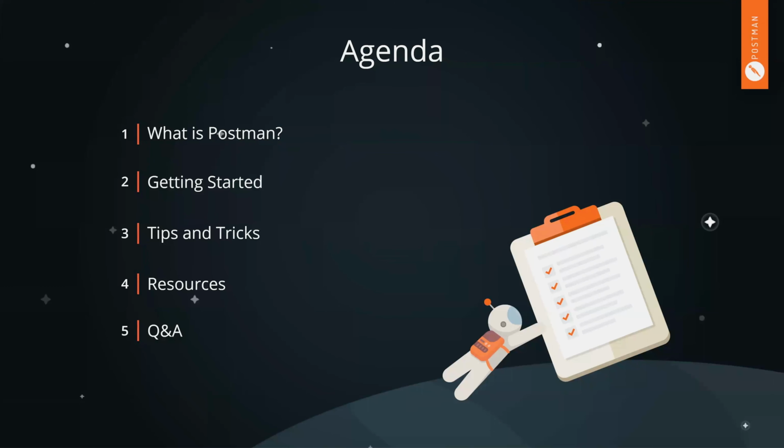Then we'll go over some tips and tricks that we learned from our community. I'll show you how developers use features like environments, code snippets in the app, as well as generating documentation. Then we'll go over resources. This will help you find the right information if you have any questions in your development. We have an amazing community of over 12 million developers. And last but not least, we'll have a Q&A session to answer questions you may have.